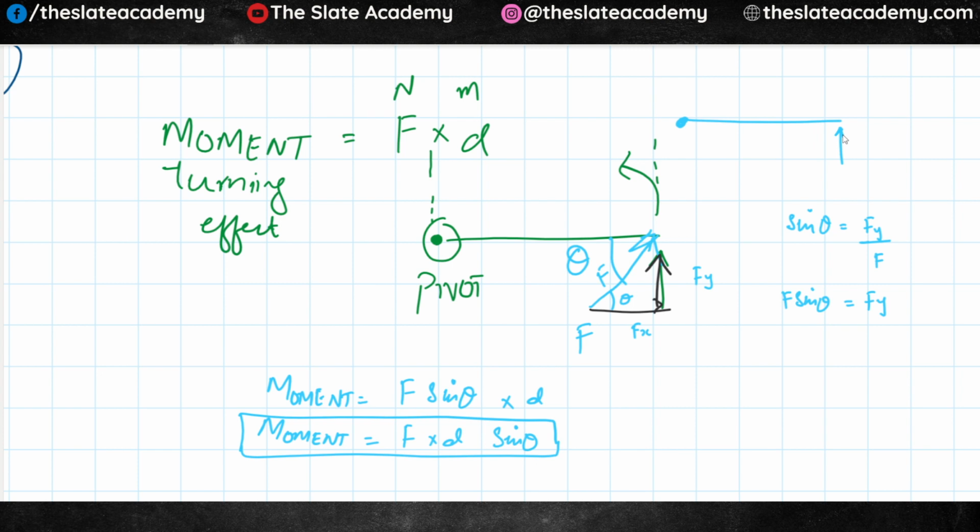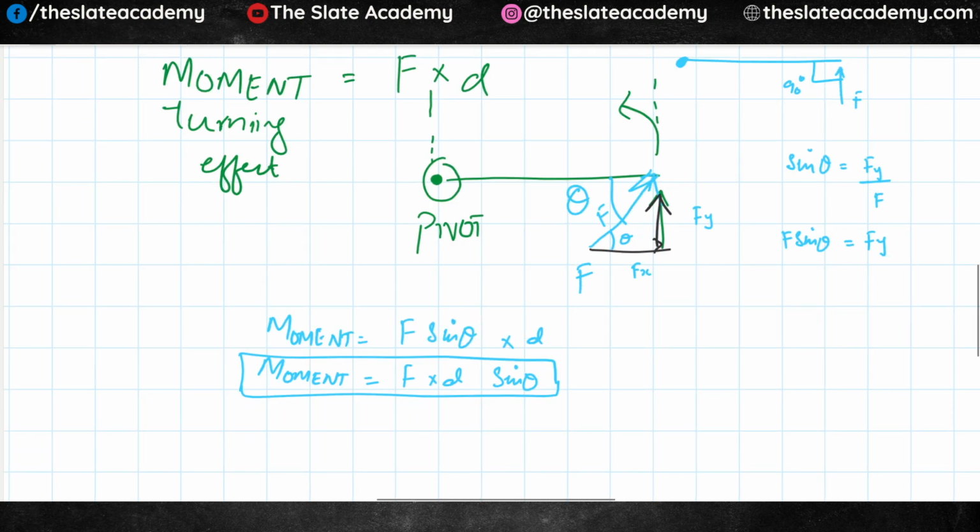We discussed that the second formula applies in that case as well, because theta is 90 degrees and sine 90 is 1, so it becomes F times d. So this formula applies in all cases of moment. Understood, sir?